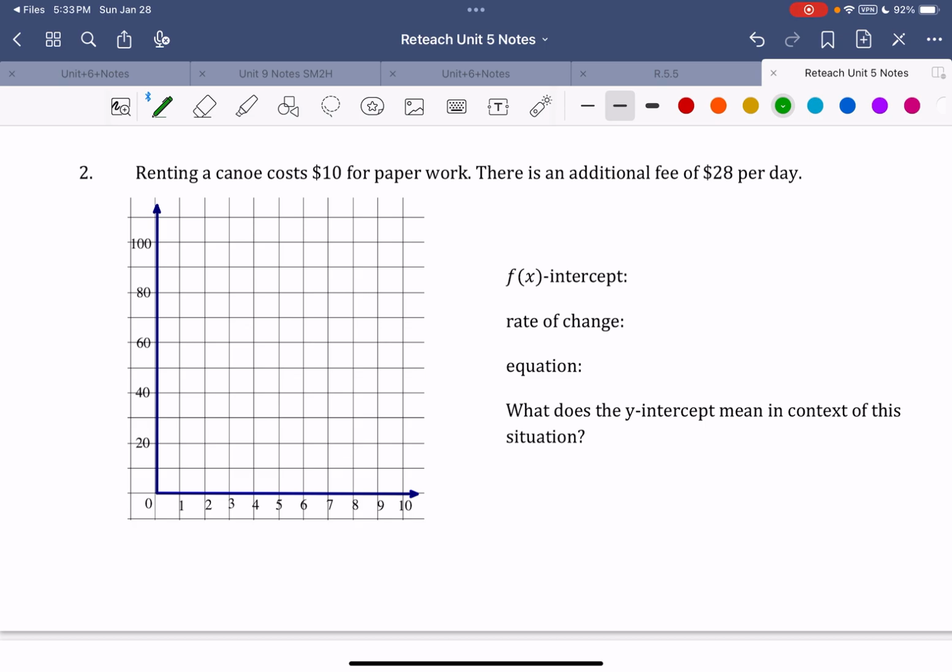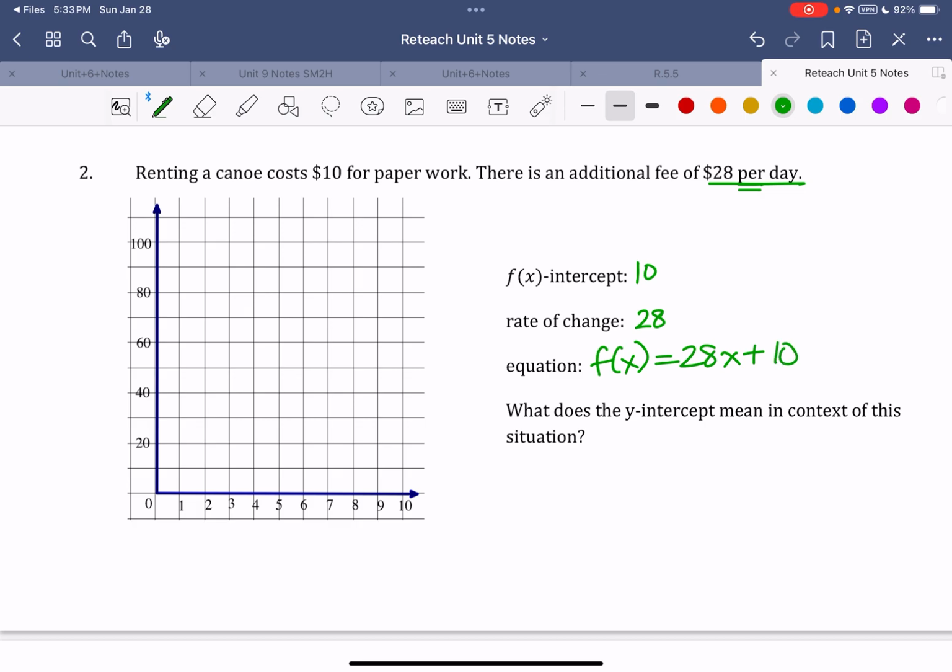Okay, so again, our paperwork, that before we take our canoe out at all, we pay $10. Okay, our rate of change is that 28. I know it's our rate of change because it says per. Per is a great way to keep track of if it is a rate. Equation would be f of x equals 28x plus 10.